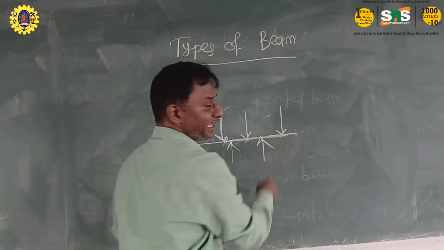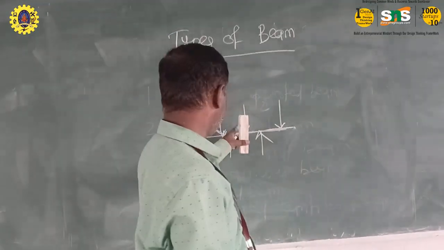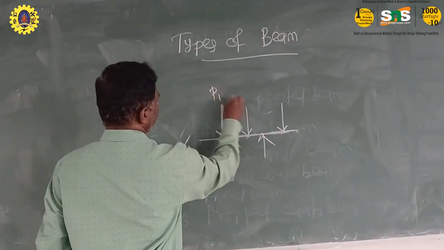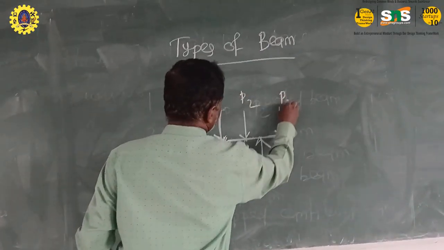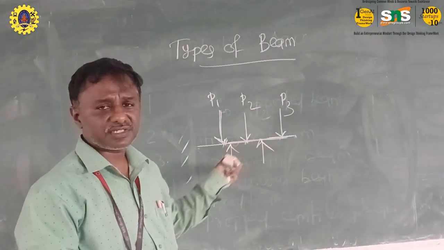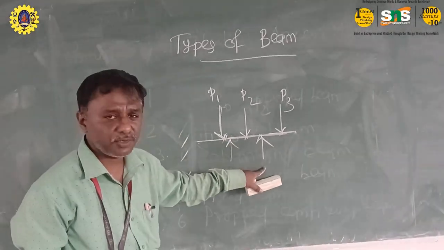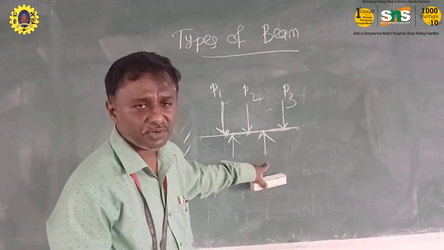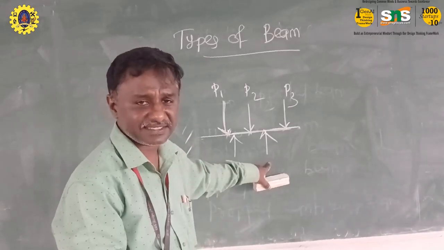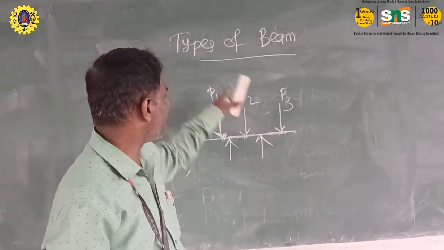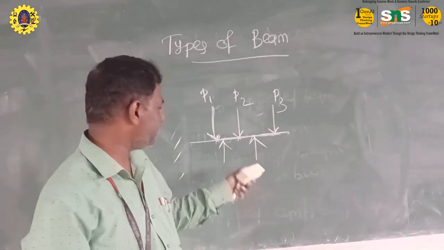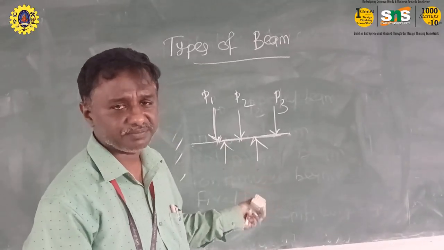We will discuss the types of loads later. No need to focus on the loads here. We can focus on the supports and where they act, since that is what classifies the types of beam. Here it is called the overhanging beam.